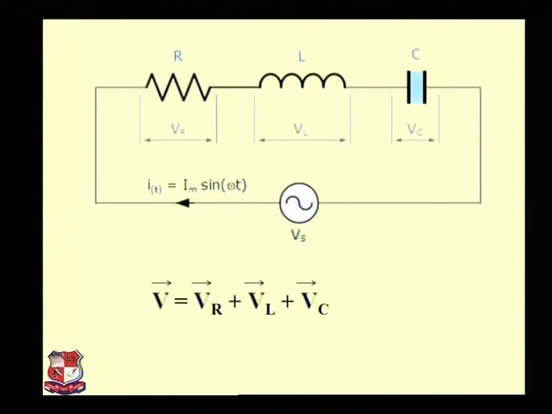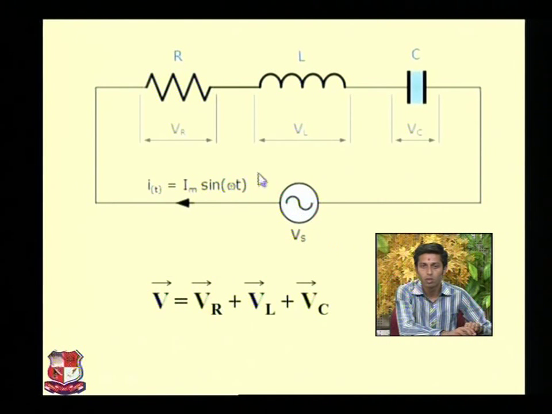This is the RLC series circuit. A resistor is connected in series with the inductor, and the inductor is connected in series with the capacitor. These three are connected in series with the AC supply Vs.